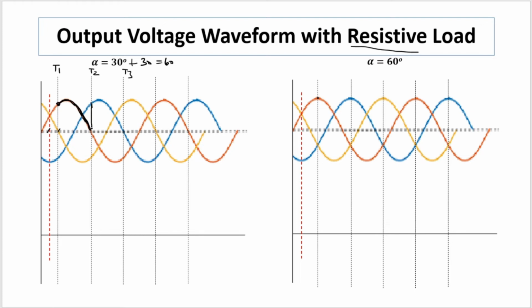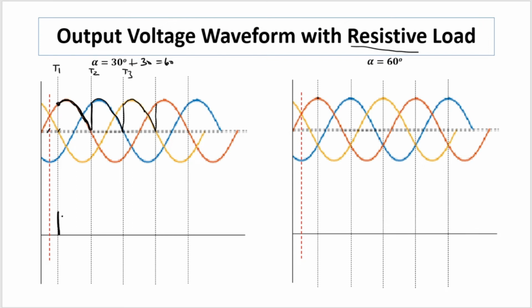So for a very small duration current will be discontinued, but it will be taken over by thyristor T2, and in the same way thyristor T3 will be triggered when the current of thyristor T2 becomes 0, and the same cycle continues. So we can draw the waveform of the output voltage.